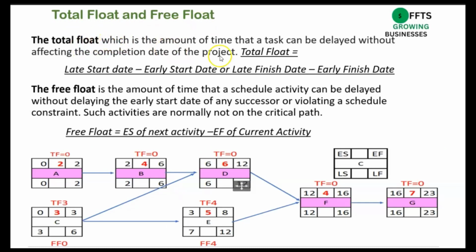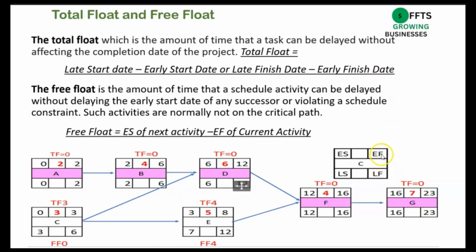The total float is the amount of time that a task can be delayed without affecting the completion date of the project. It is calculated using a formula: late start date minus early start date, or late finish date minus early finish date. Let's look at the legend.